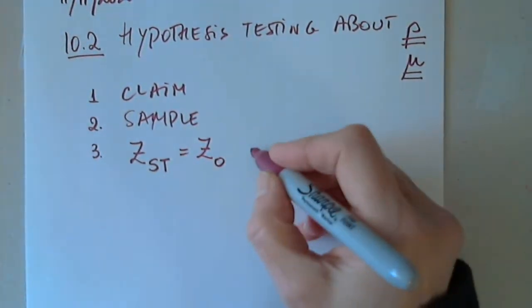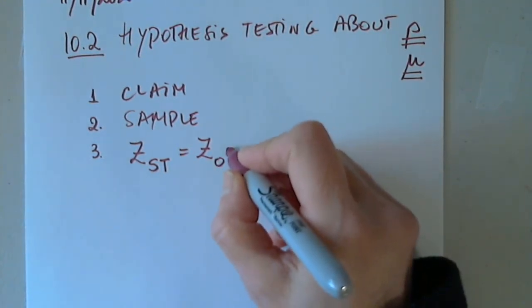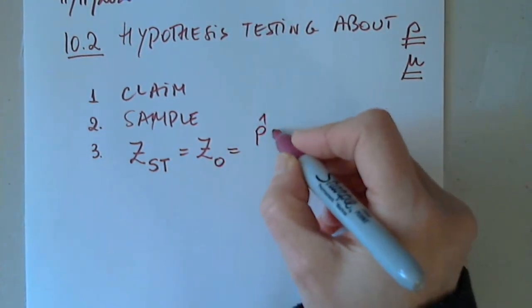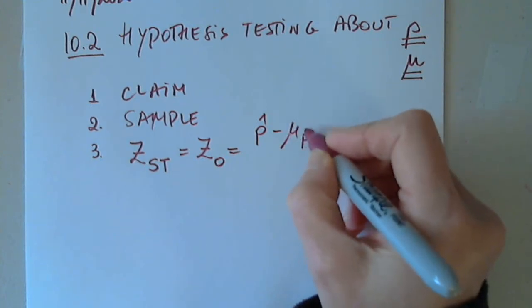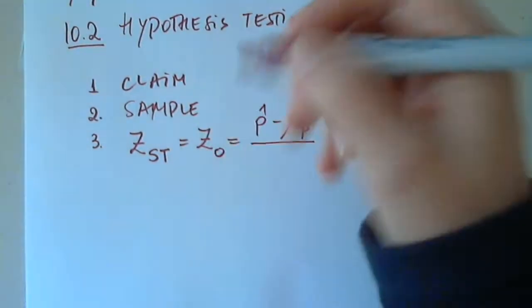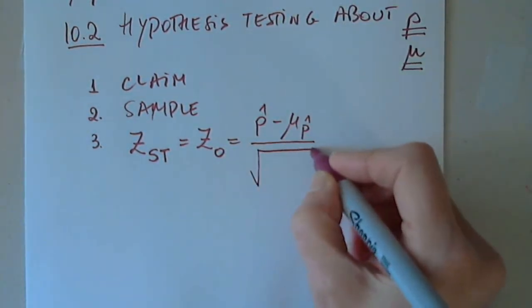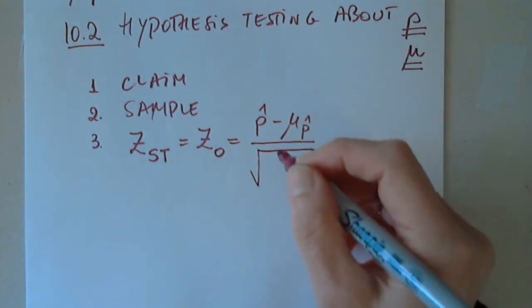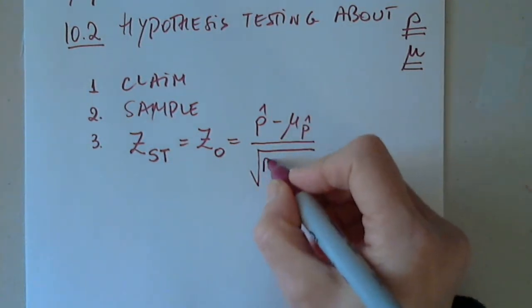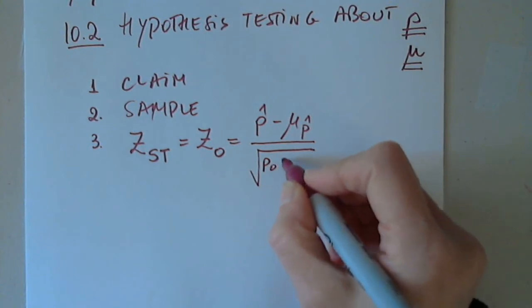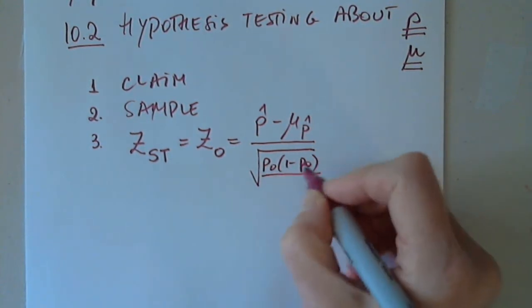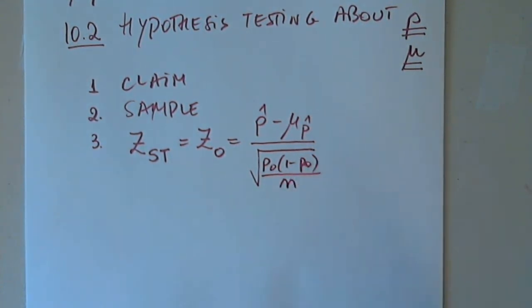So this calculation will be p hat minus mu of p hat, which we know from a previous chapter, over the square root of p sub 0 times 1 minus p sub 0, divided by n.